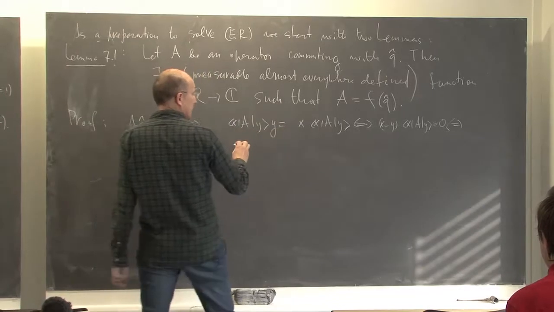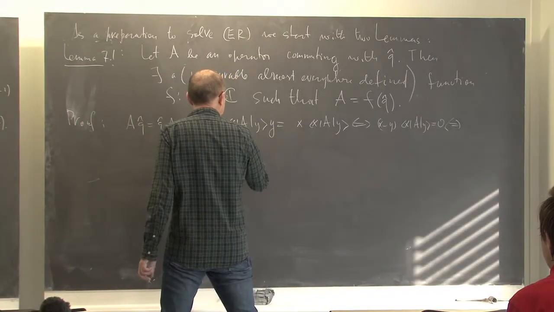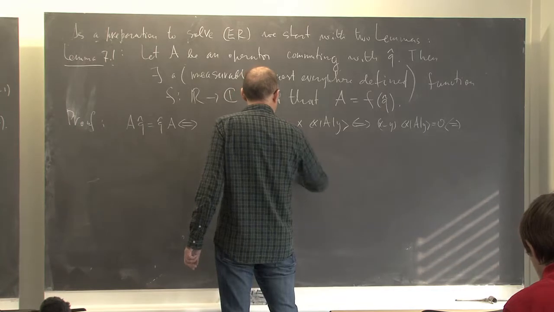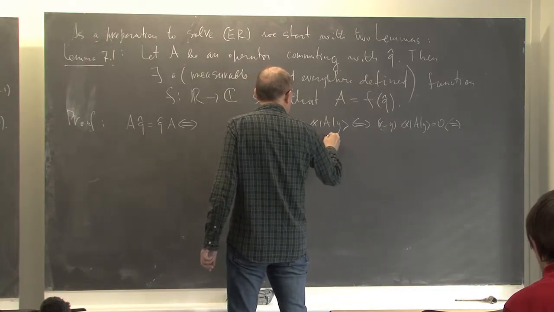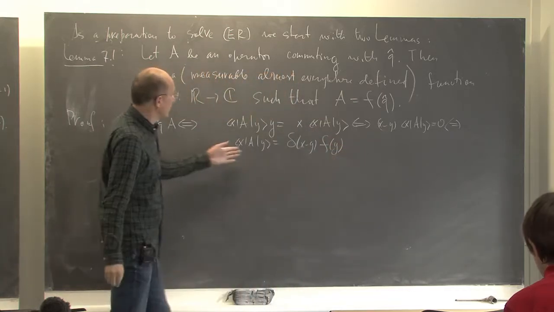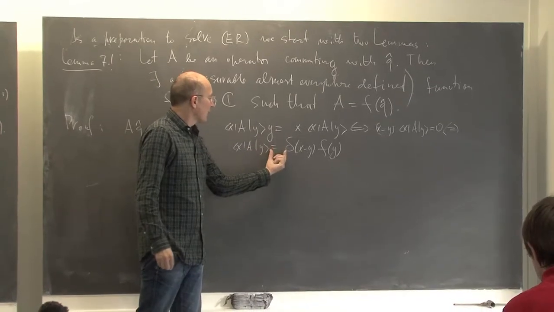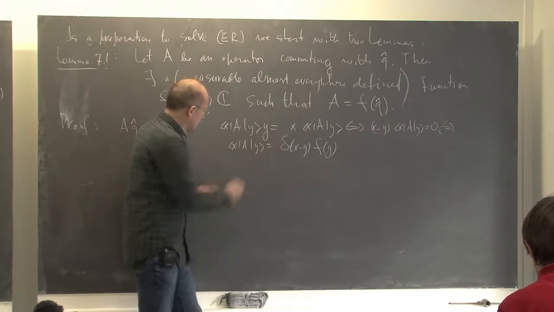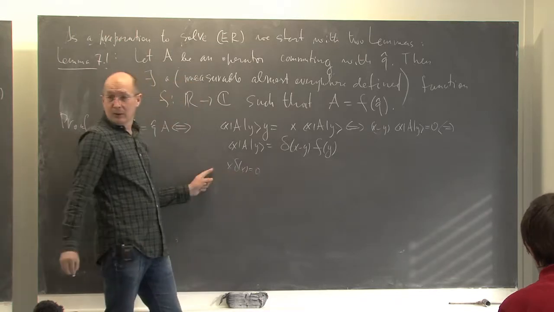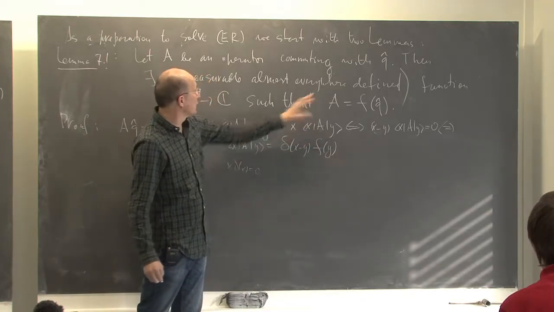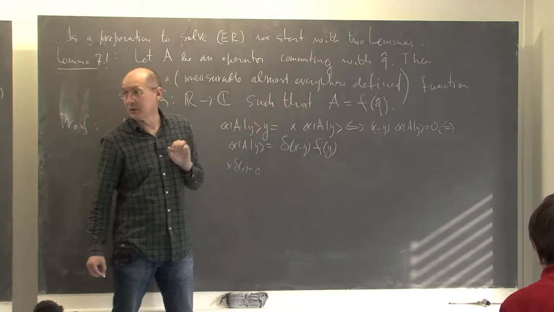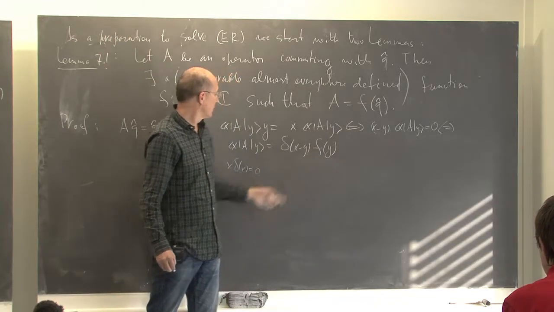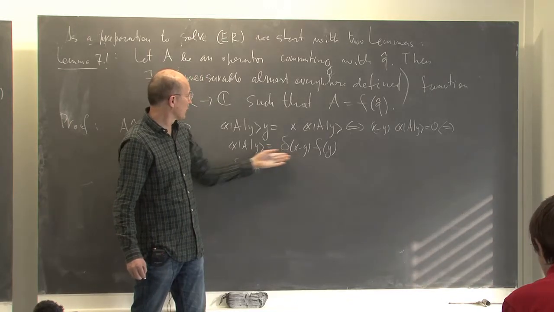So we have to solve it in the space of distributions, and this just means that A(x,y) is the delta function of x minus y times some function of y. You see, if you multiply by x minus y, we know that in the distributional world, (x - y) delta(x - y) is 0. That's the general solution of that equation.